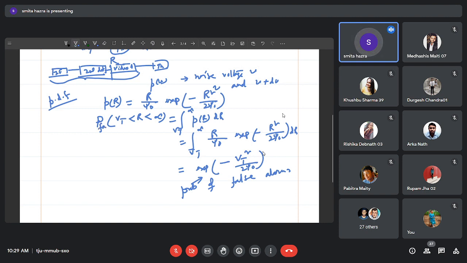FA stands for false alarm. So this is totally dependent on the ratio of Vt by 2 psi naught. What is Vt? Vt is the threshold voltage, and psi naught is the root mean square noise level of that Gaussian profile we have picked here.